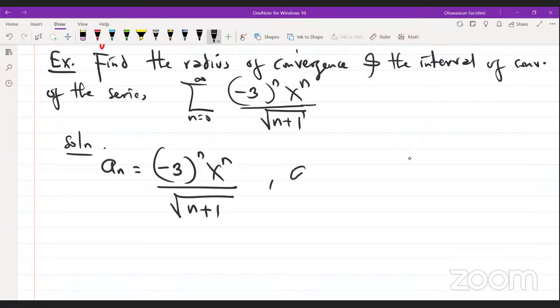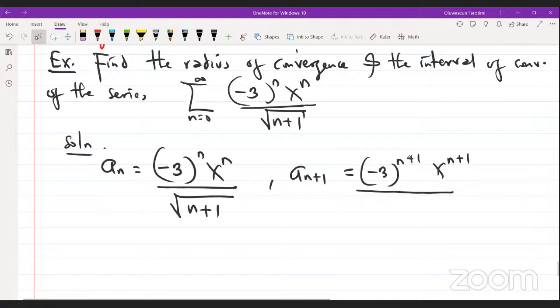What is going to be my a sub n plus 1? Just replace n by n plus 1, okay? Just replace n by n plus 1. You have a -3 to the power of n plus 1, okay? x to the power of n plus 1 divided by this guy on the bottom is going to be n plus 1 plus 1.